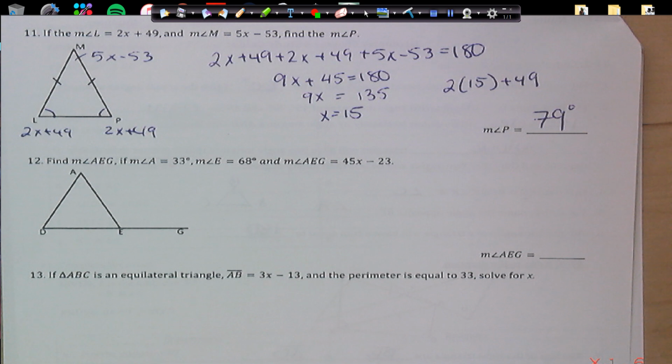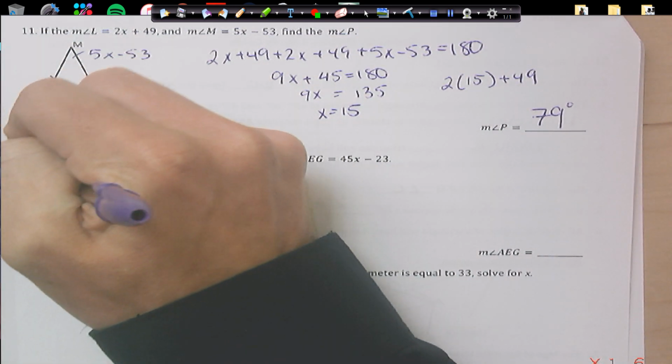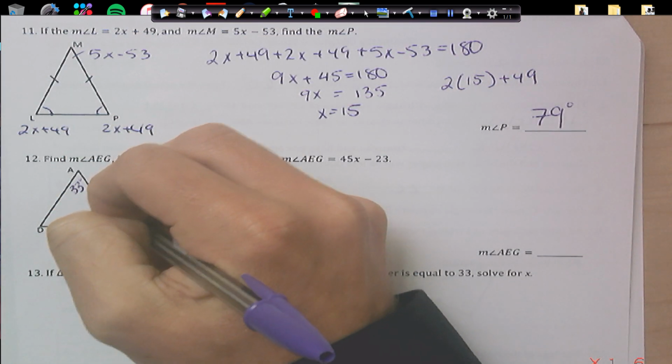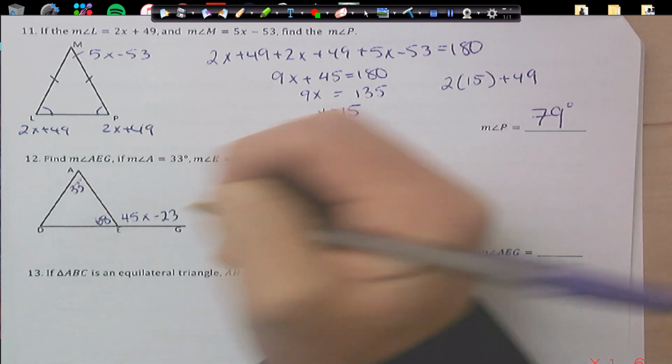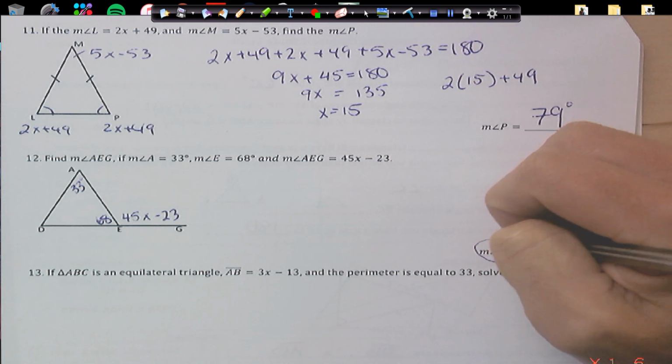Okay. This next problem we can do a couple different ways. 33 goes for angle A, E is 68 degrees, and then AEG, this angle out here, is 45x minus 23 degrees. I don't have to solve for x here right away. I can actually cheat the system because I'm only finding these two.